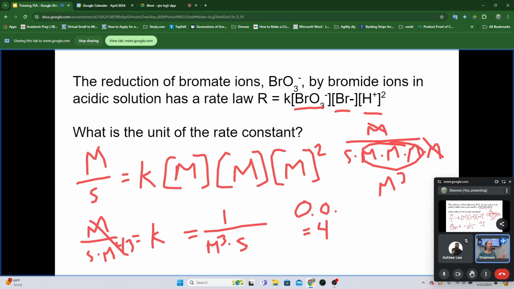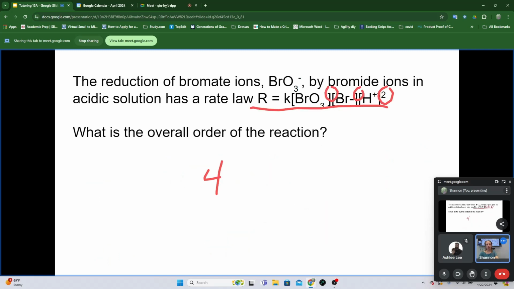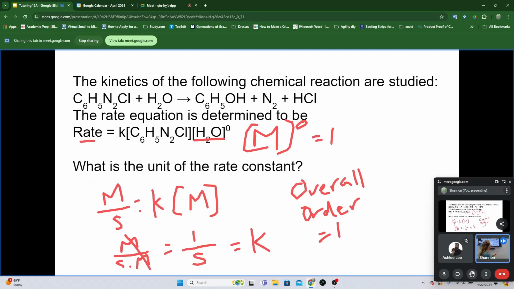Here, the overall order was 4, and the rate constant has M to the 3rd power at the bottom. Here, the overall order was 1. We technically have M to the 0 power at the bottom. So 1 minus 1 is 0. It's not there.